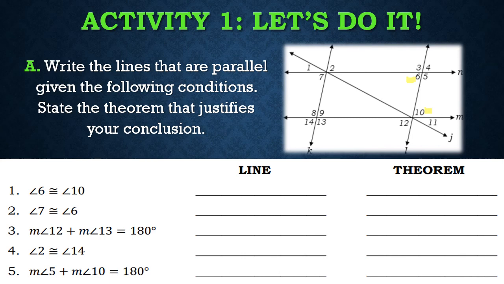They are alternate interior angles of line N and line M. That's right. So here we can say that line M is parallel to line N by the theorem converse of the alternate interior angles. So I want you to follow the same procedure with the remaining problems.